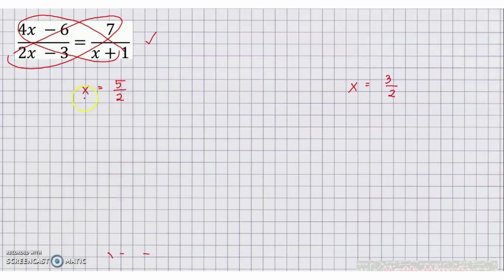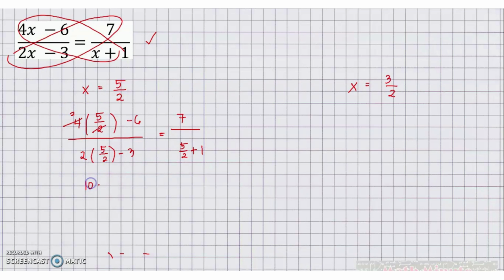So let's start with x is equal to 5 over 2. So this will be 4 multiplied by 5 over 2 minus 6 over 2 multiplied by 5 over 2 minus 3 is equal to 7 over 5 over 2 plus 1. So this will be 2 times 5.